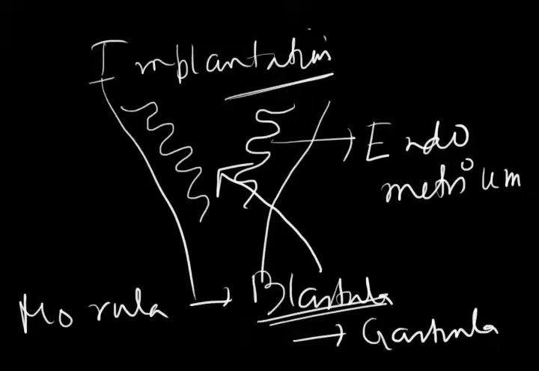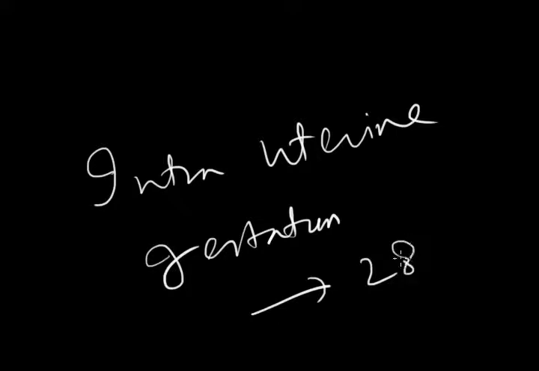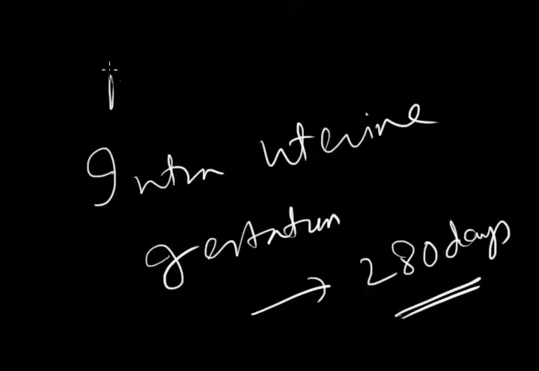Whenever the birth is ensured, it is implied that the baby is ready to take birth whenever the intrauterine gestation period is complete. So intrauterine gestation period for human is around 280 days. Whenever it is completed, the baby is ready for parturition.